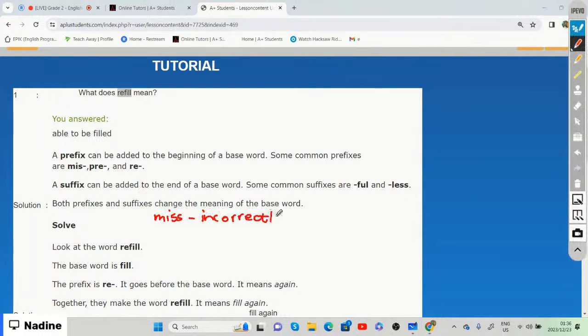We said pre means before. And we said re means again. And then we said full means full of, and less means without.